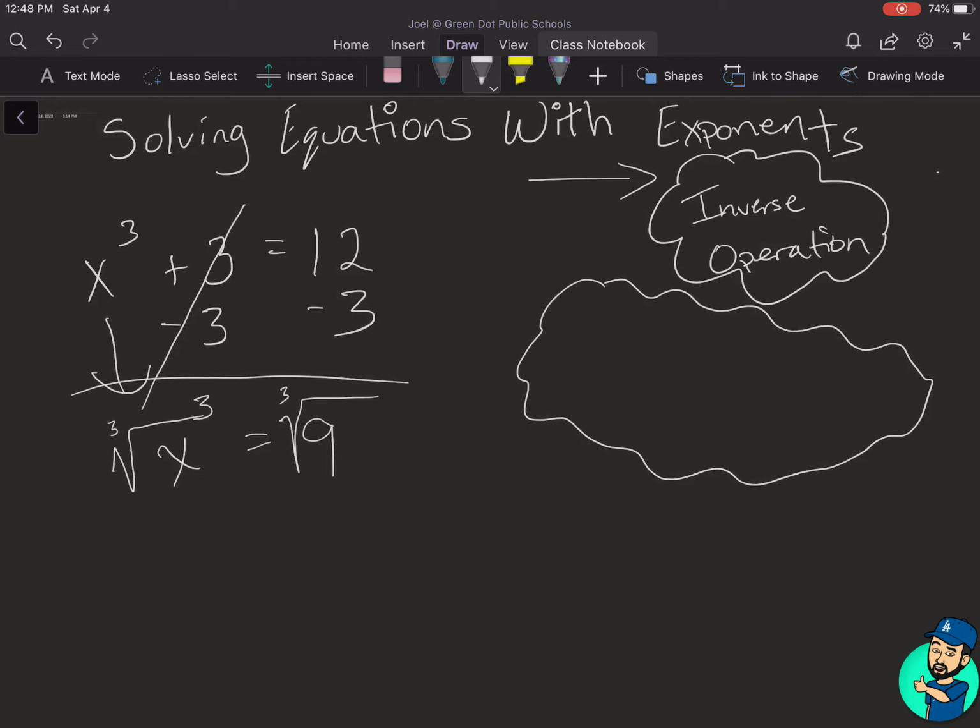Now, cube root means what number can you multiply by itself 3 times to get the number inside the cube root.